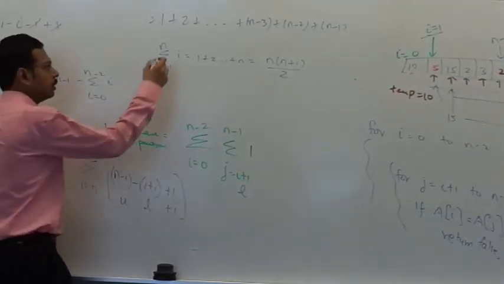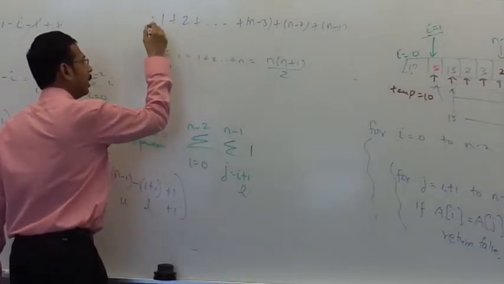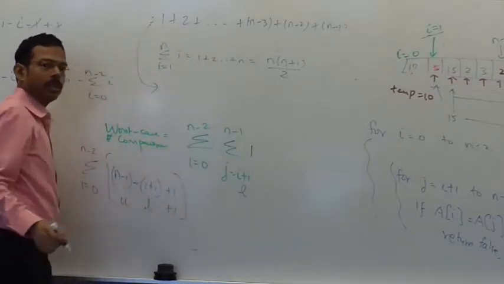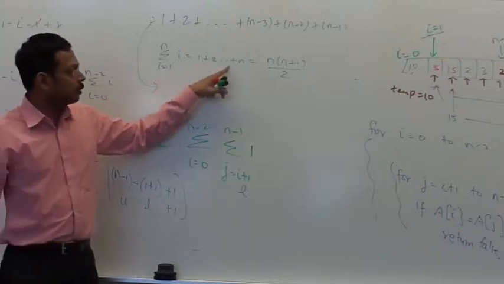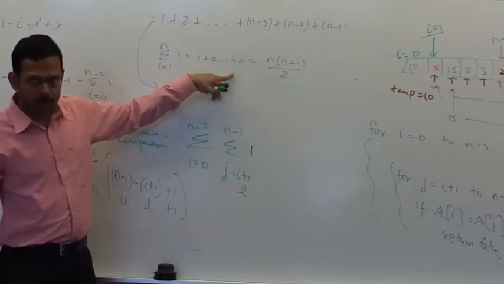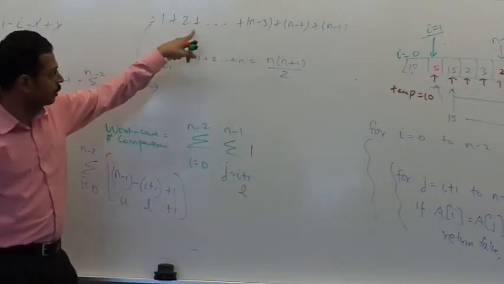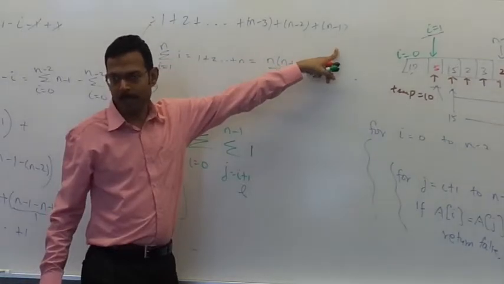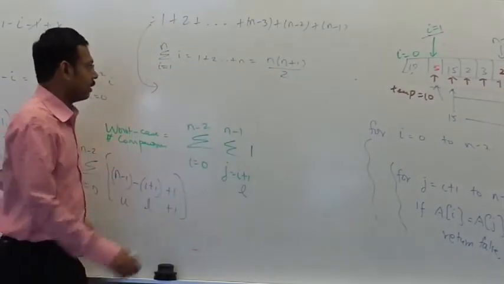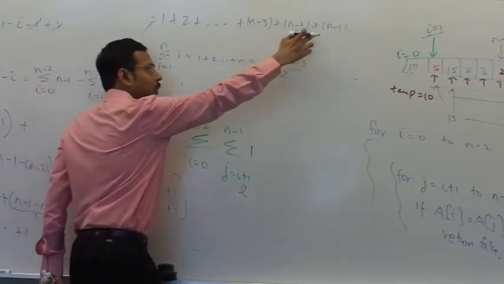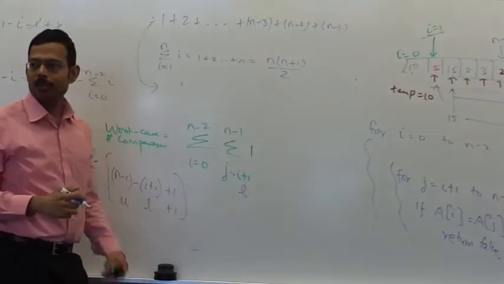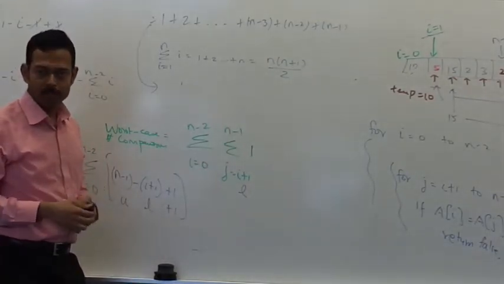So the original thing should be equal to what? Somebody can substitute for n. You have 1 plus 2 up to n in the original formula, but in this scenario you have 1 plus 2 up to n minus 1. Instead of n, substitute n minus 1.